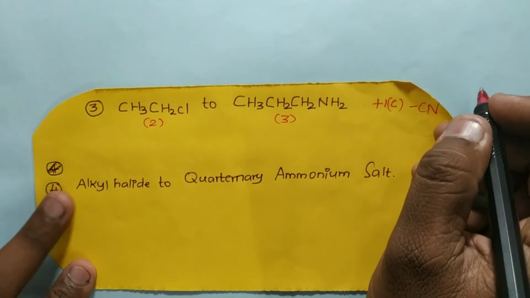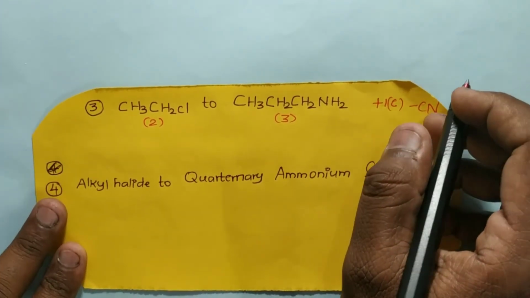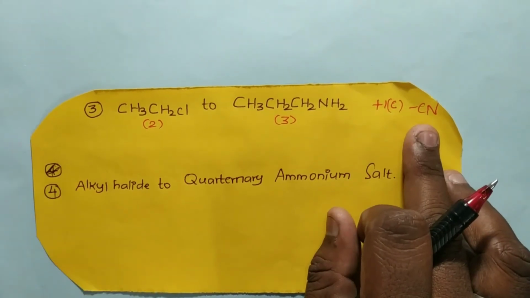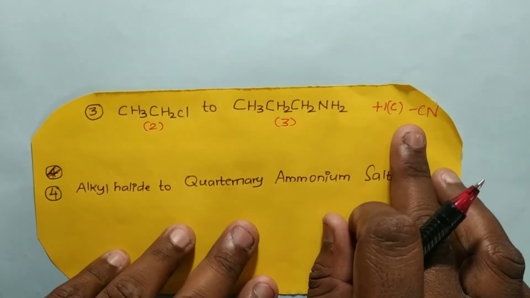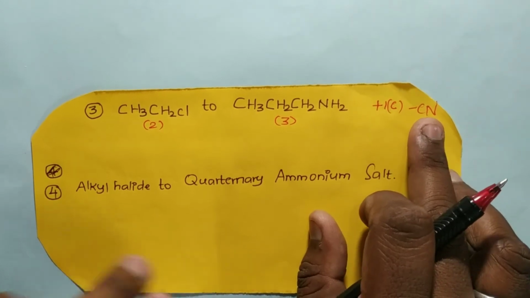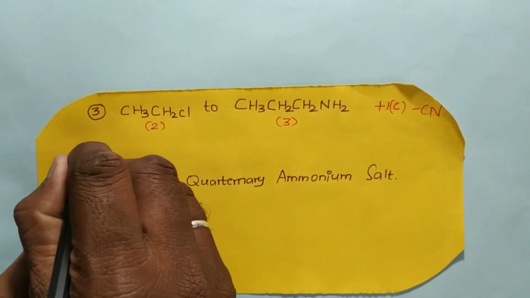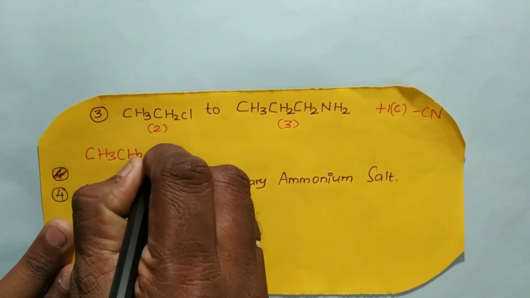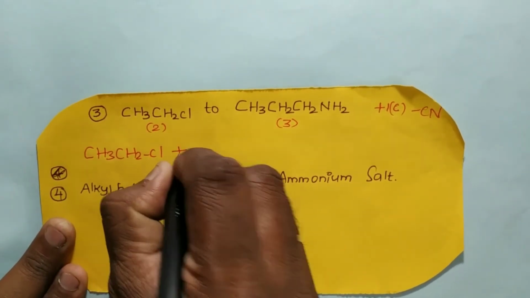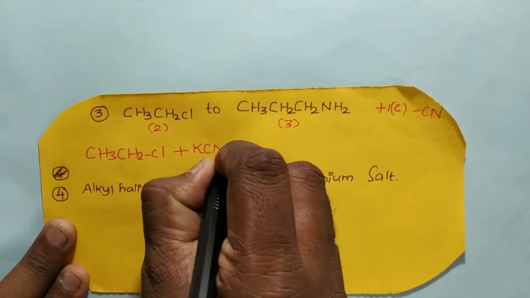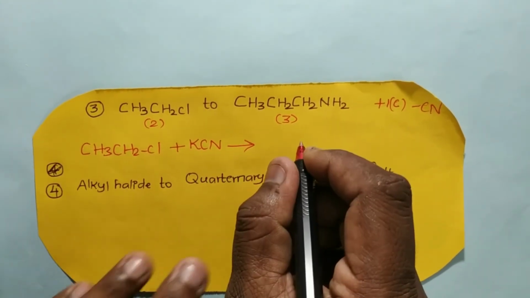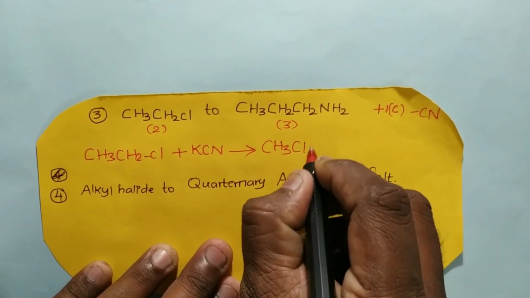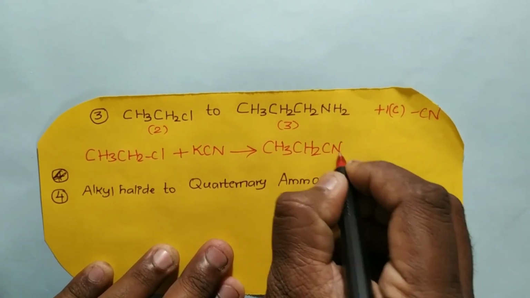Just keep it in mind: whenever I need to add 1 more carbon atom, if there is any possibility, we can add CN. Here CH3CH2Cl reacts with KCN, and I get CH3CH2CN.